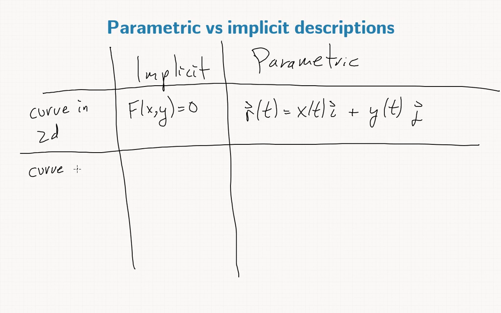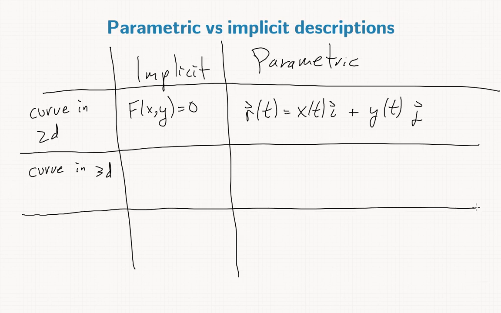But if we're looking at a curve in 3D space, or if we're looking at a surface in 3D space, a surface in 3D space we can specify by one constraint. So maybe let me write the number of constraints versus the number of parameters here.